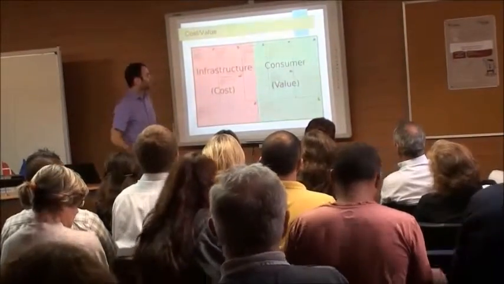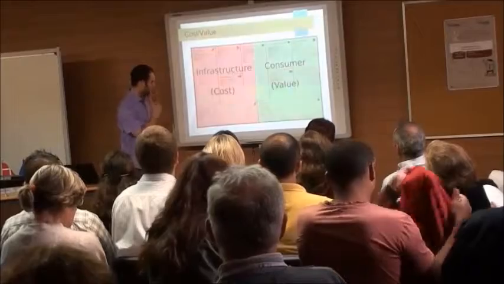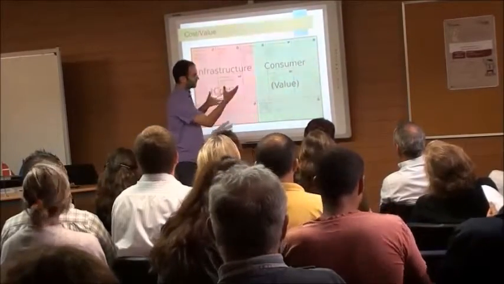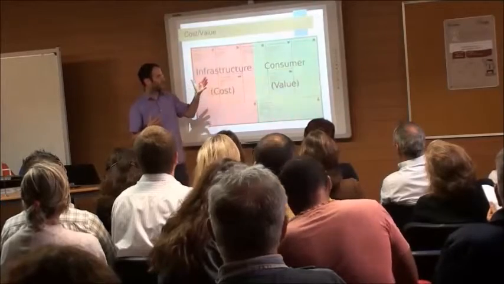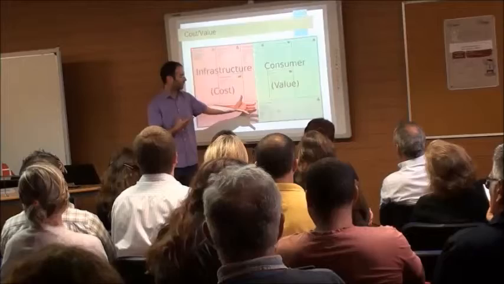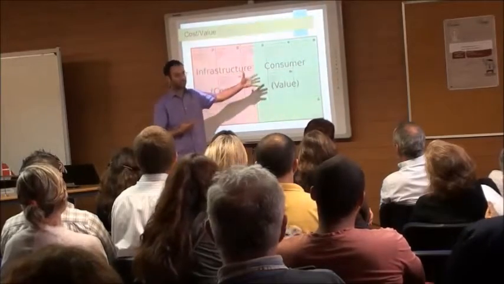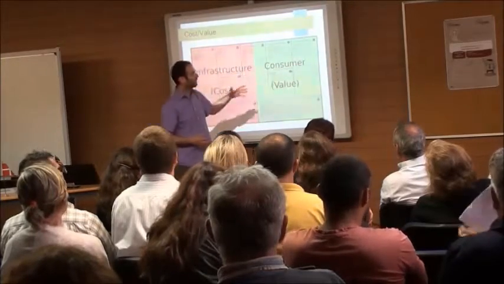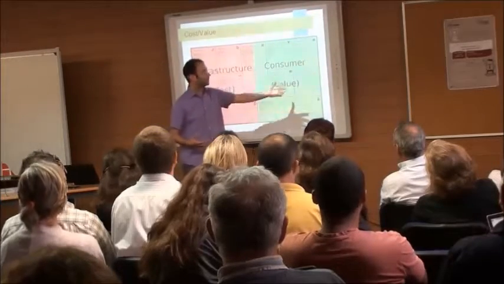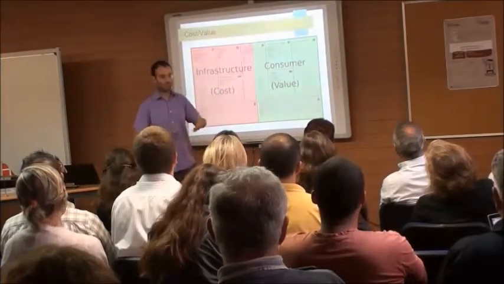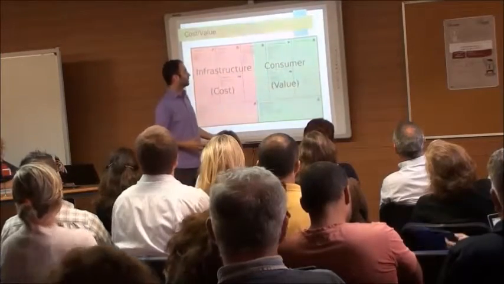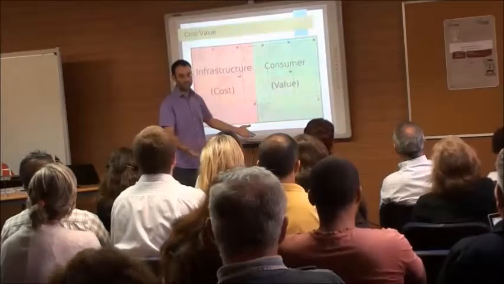So, a way to see this canvas is to have the consumer side, which provides value for us through the revenue stream on the right side. And these are things that we will always try to increase, to have more consumers, additional segments, or more of the same, a better customer relationship, more flexible channels.